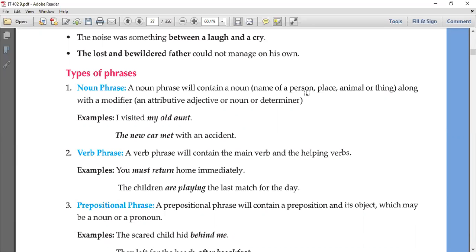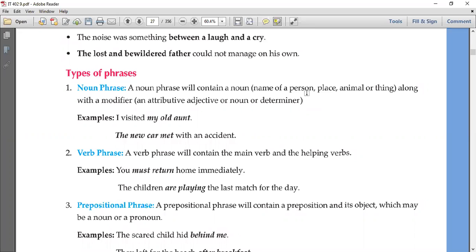This is my old aunt, right? The new car, right? So these are examples, right? Aunt is the noun here, and old is the adjective used with that, right? New car, car is the noun and new is the adjective used.